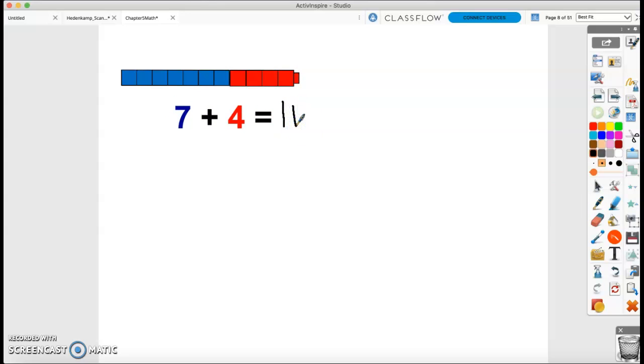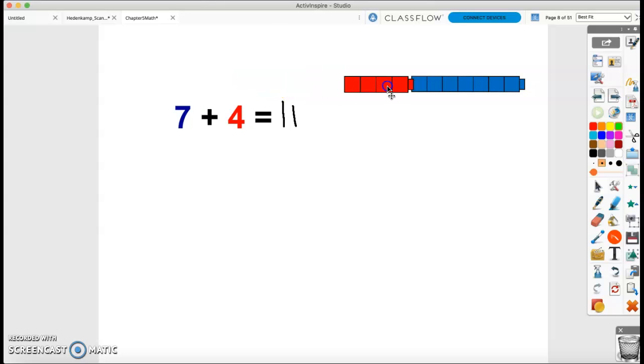But what happens when this time I want the red to come first? So I want the red to come first. So how many red do I have?